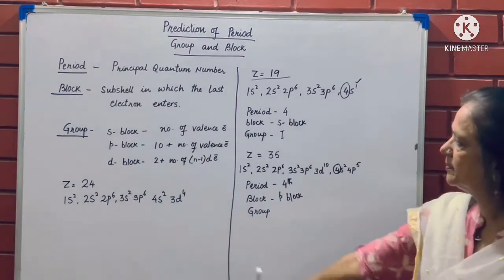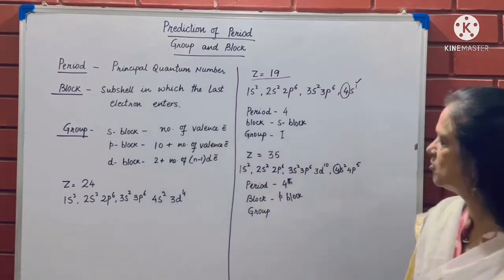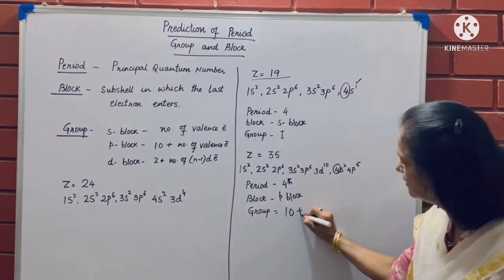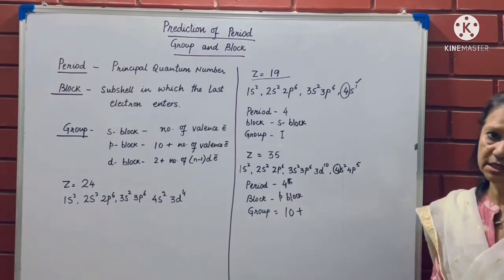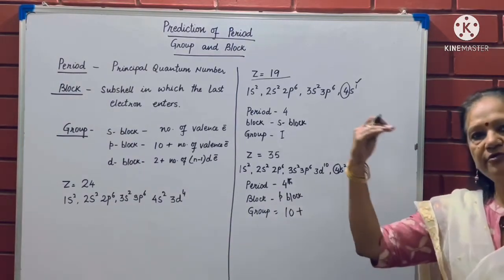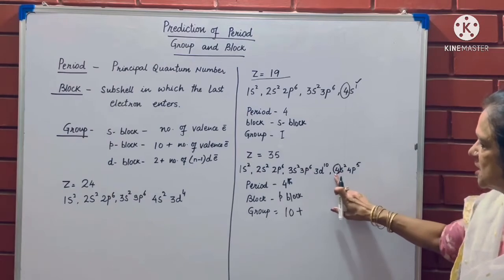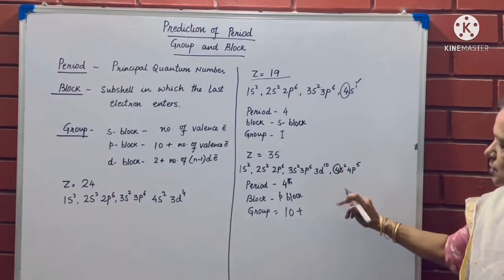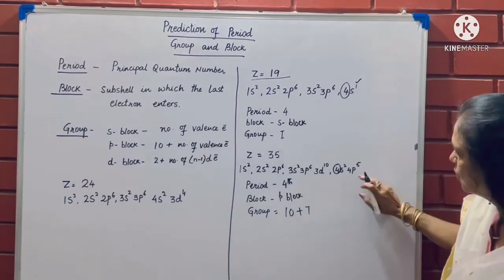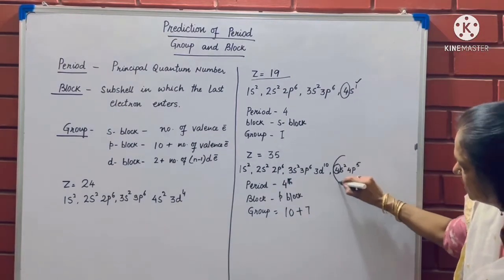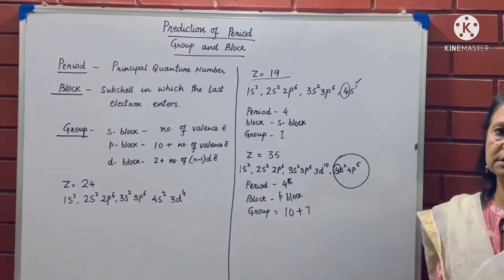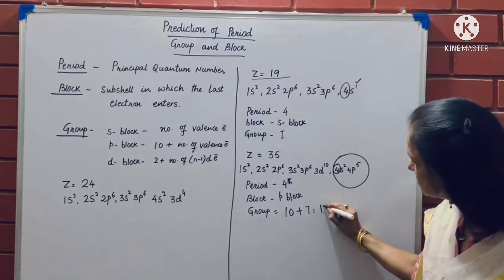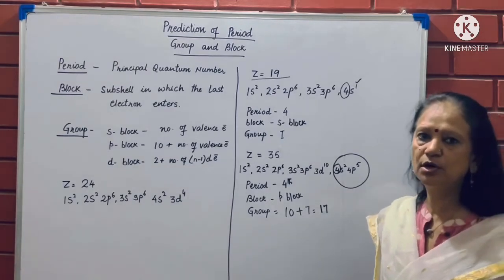Now for a P block element, I must have 10 plus the number of valence electrons. The valence electrons are the electrons in the last shell. The last shell was the 4th shell. The total number of electrons is 5 plus 2, so it is 7. Don't take only this; this whole thing is telling you the valence electrons. So 5 plus 2, that is 7, gives you the 17th group of the periodic table.